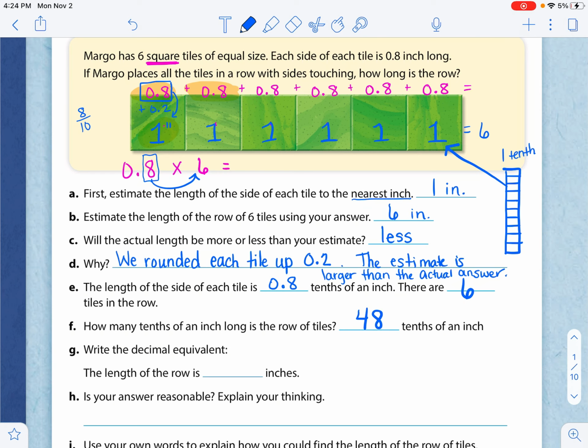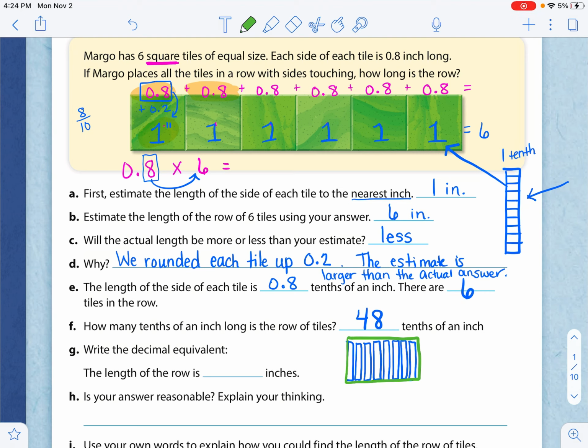Okay? Now think about this, boys and girls. If you have 48 of those rods, that's a lot. Just think about this. 1, 2, 3, 4, 5, 6, 7, 8. That's how many would be in one of those tiles.